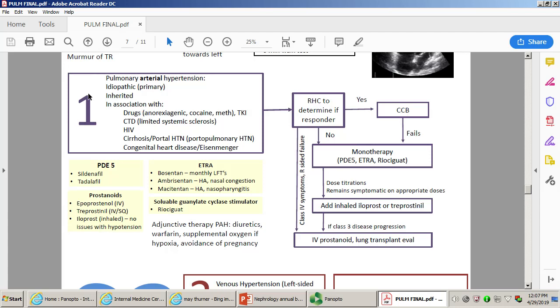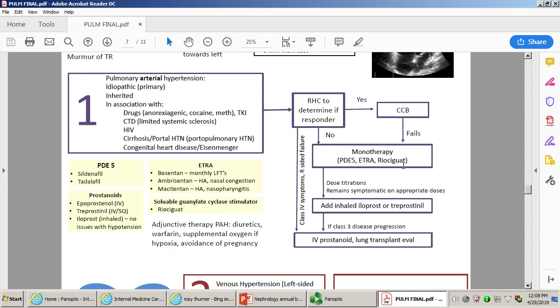So when they give you a young lady who on echo has estimated pulmonary pressures in the 60s, and no other risk factors, and you're thinking this is primary pulmonary hypertension, and you take them to right heart cath and they tell you they do not respond to nitric oxide challenge, they are telling you which class of medications is not going to be useful for them. Calcium channel blockers. So you're going to be bypassing that class of medications. They respond, yes, cool, give them a calcium channel blocker. If they don't, skip it.